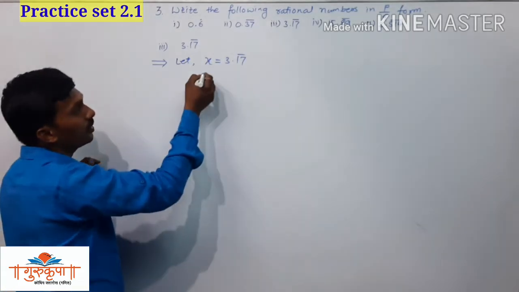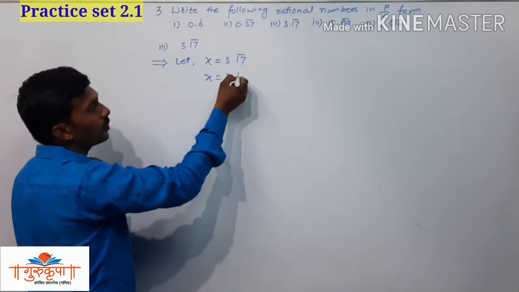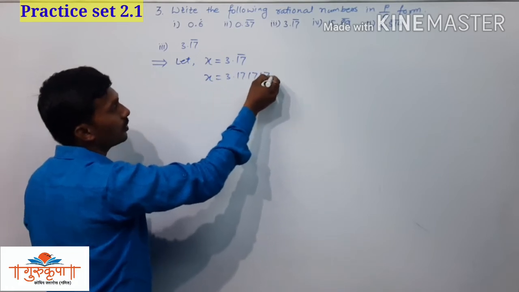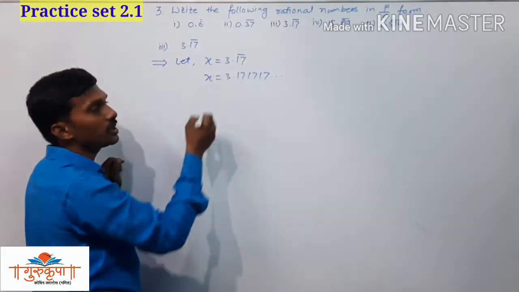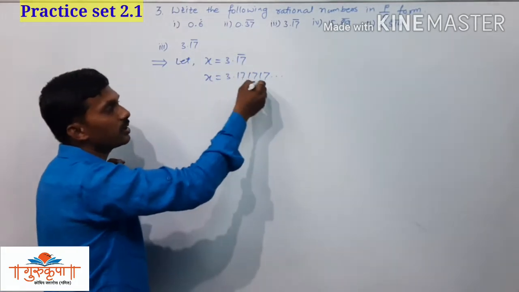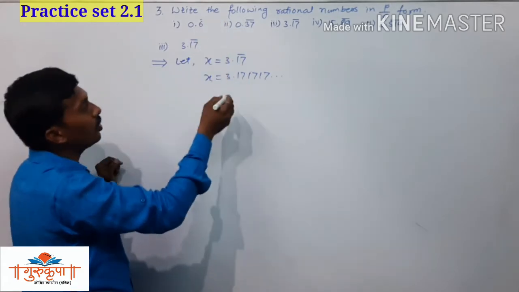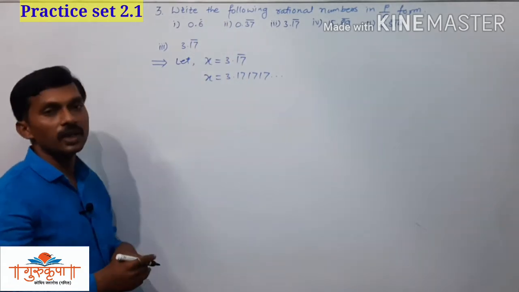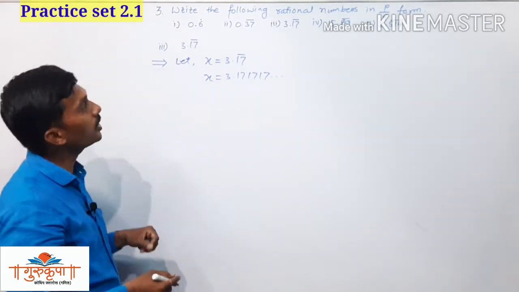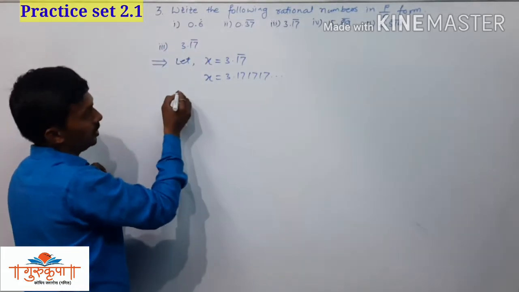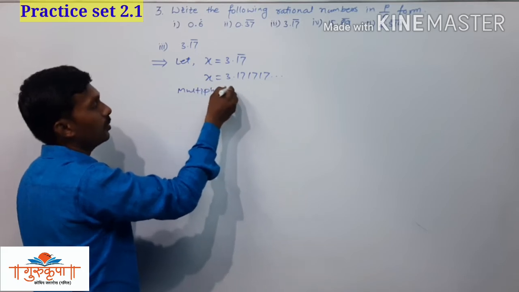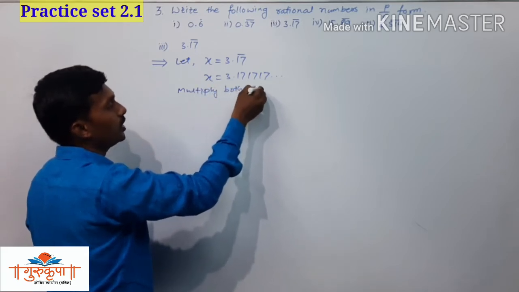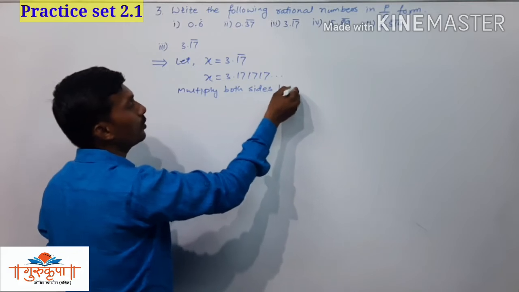And here we have to write this number as 3.171717 and so on. Since 17 gets recurred, we write 17, 17, 17 and so on. Now in the second step, we have to multiply both the sides by 100.